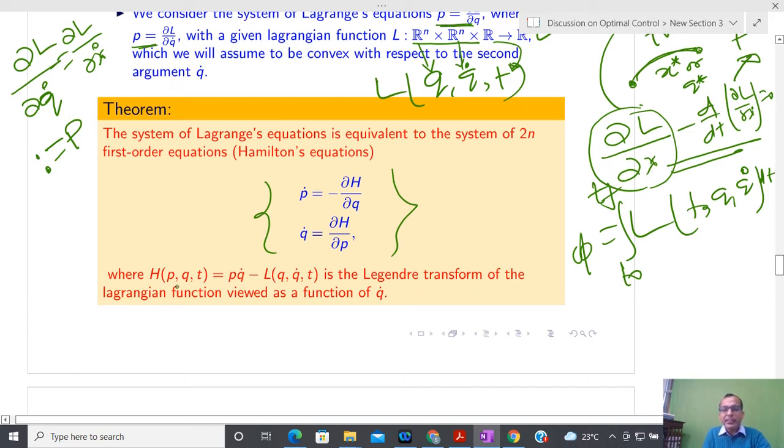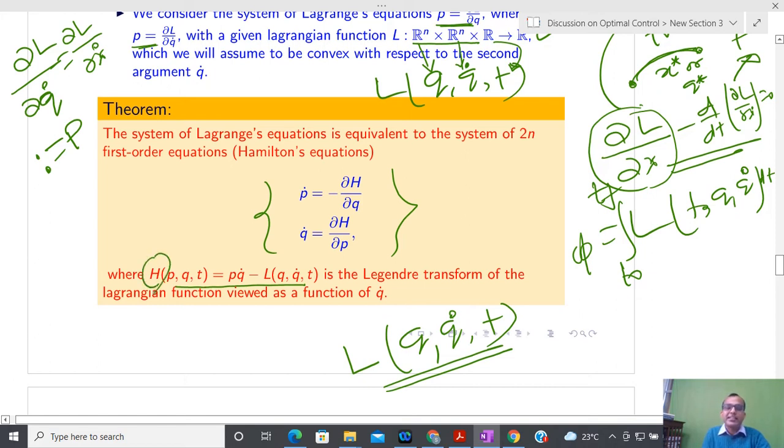So try to think of this whole thing like this. I initially have some kind of function, that is L(q, q̇, t). After that I am going to apply the Legendre transformation, which converts it into some other variable, that is H.